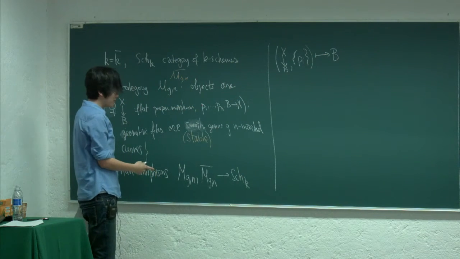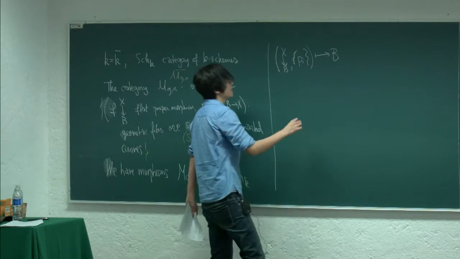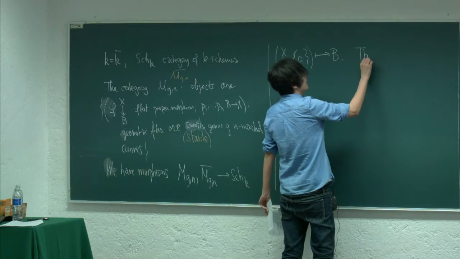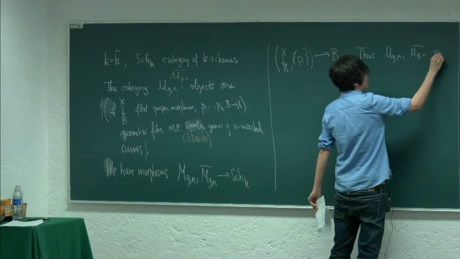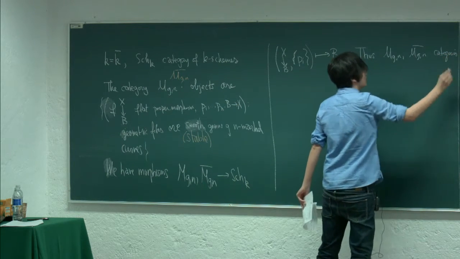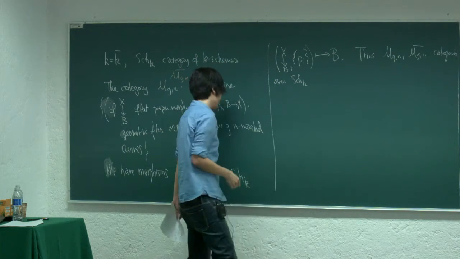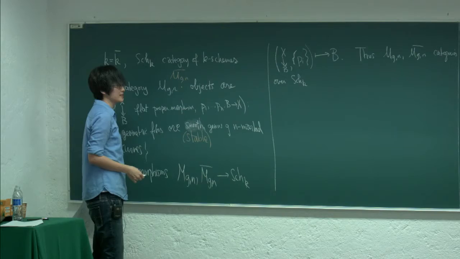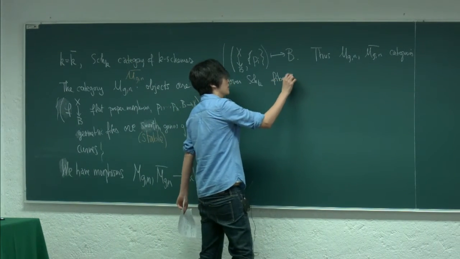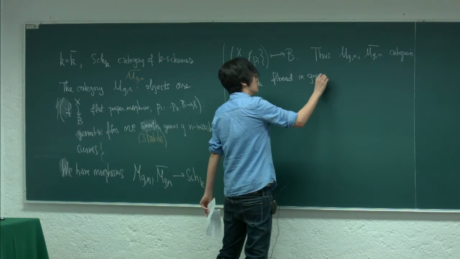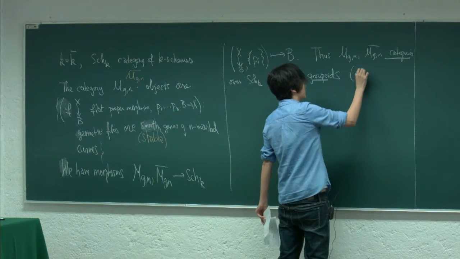Okay, and this is what we mean by a category over the category of K schemes. So MGN and MGN bar are categories over the category of K schemes. So they're equipped with this functor back to K schemes that just remembers the base. And these are examples of categories fibered in groupoids, or CFG for short.